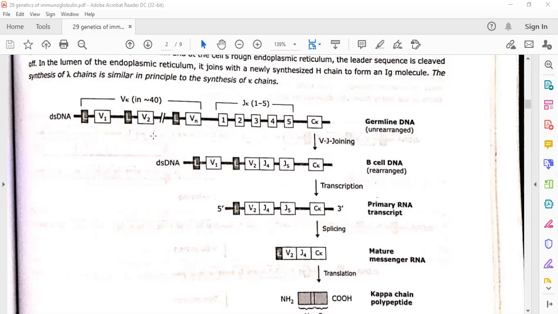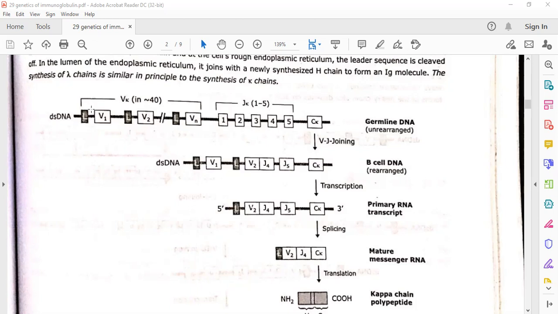There will be a cut from here, V1 to here. So first a cut will be made here, then a cut from here will be made here. Two cuts will be made here.